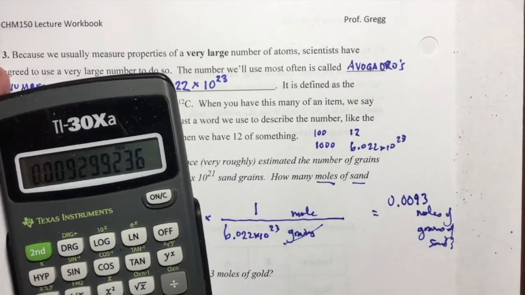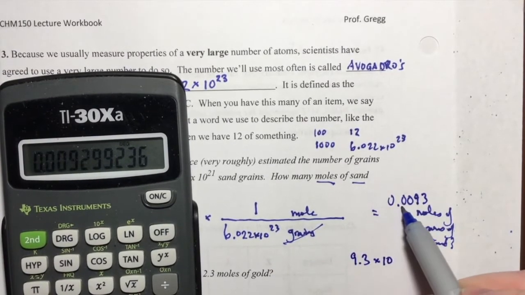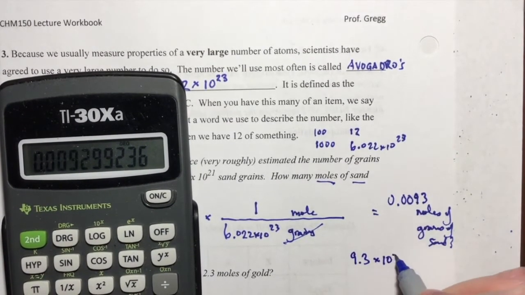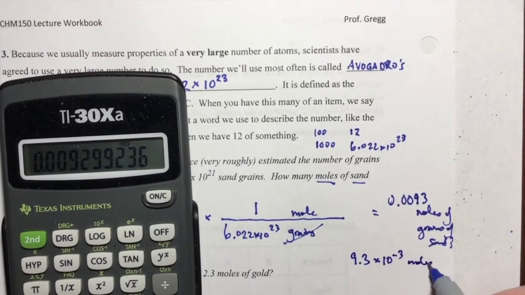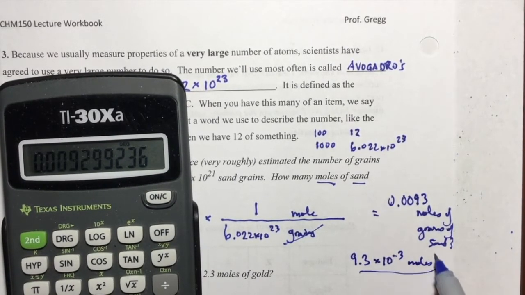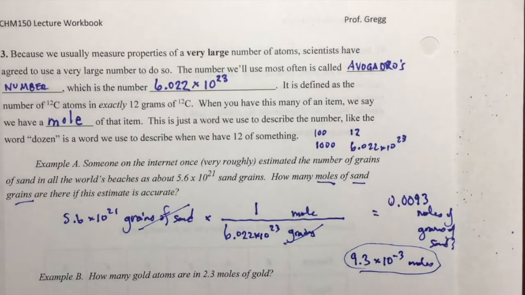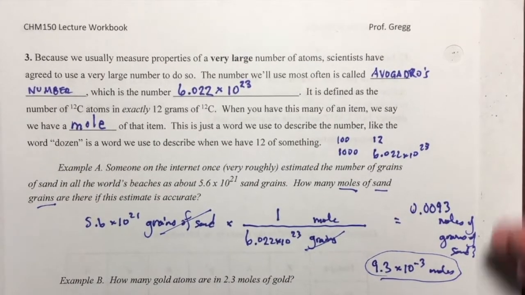I could easily represent it in scientific notation as 9.3 times 10 to the minus 3. So either of those numbers is acceptable. There's the standard notation, there's the scientific notation. Both of them have 2 sig figs. And whichever one you want to be your answer, circle that, and you're done with it. So look at what we have. This is, again, just to give us practice working with the Avogadro's number in a dimensional analysis.